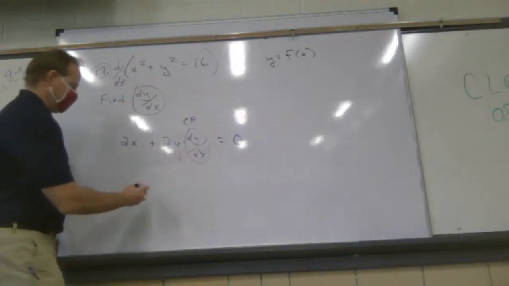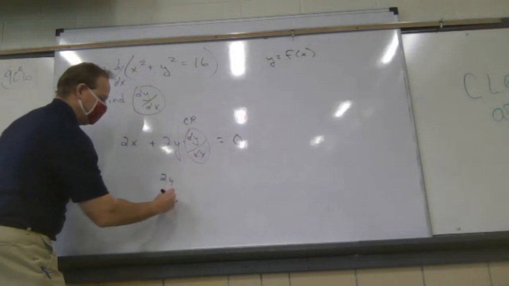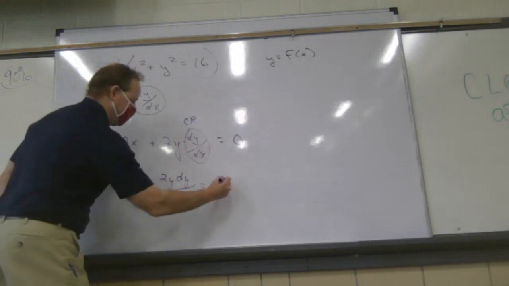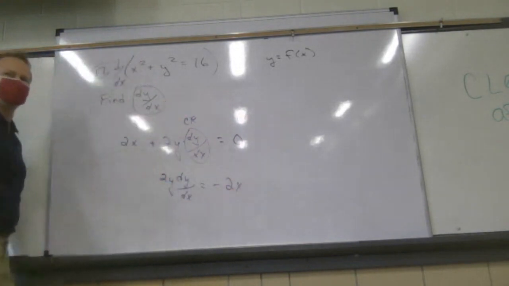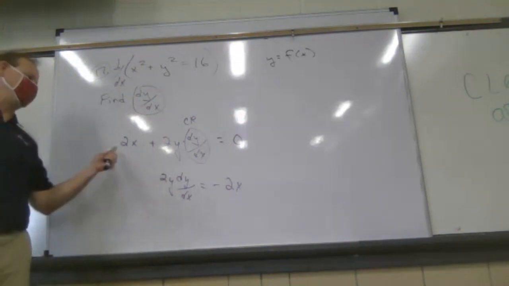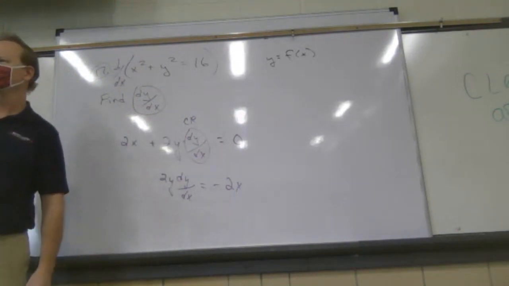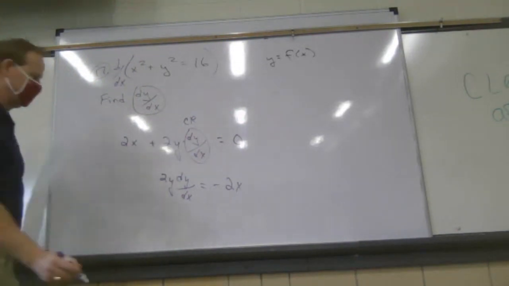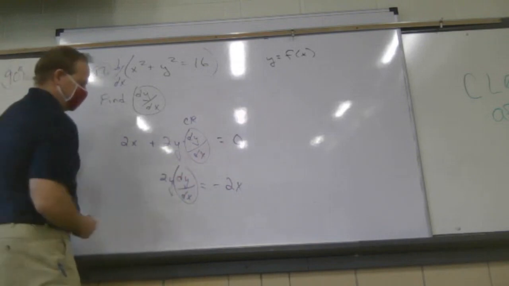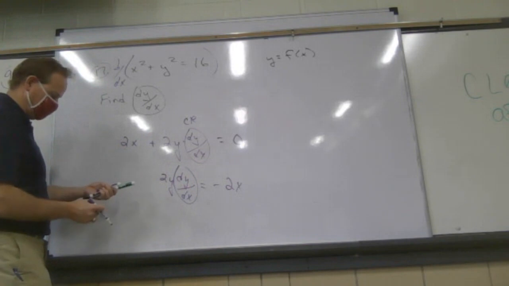So in this case, I can subtract 2x from both sides, and I have 2y times dy dx equals minus 2x, right? Remember, you get everything to the other side by taking the opposite operation. Since I'm adding 2x, we subtract 2x. Remember algebra?